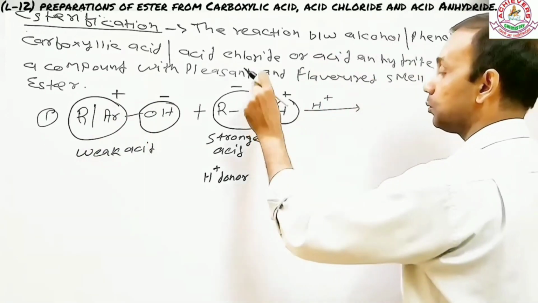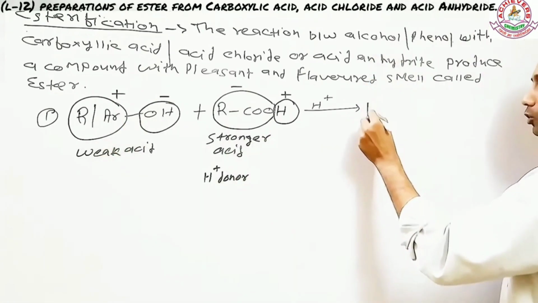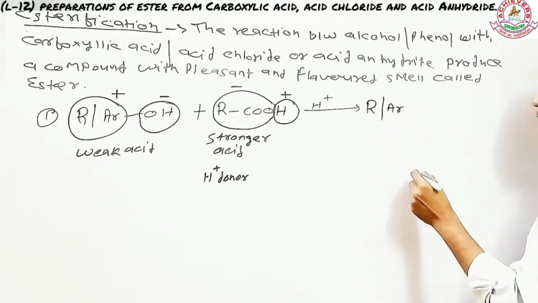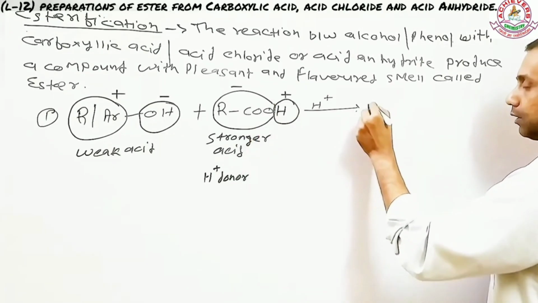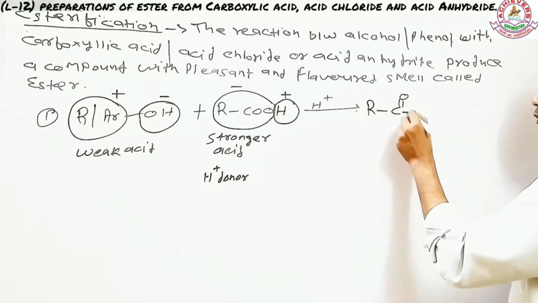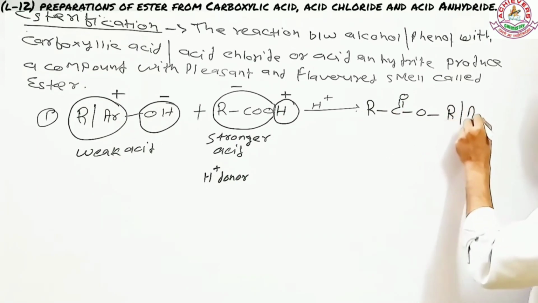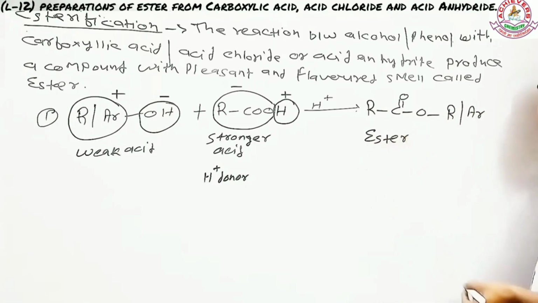So what you have to do is take the negative part with the positive one. So R or Ar, and we write this one first: R, C, double bond O, and there you have OR or OAr, and this is your ester.